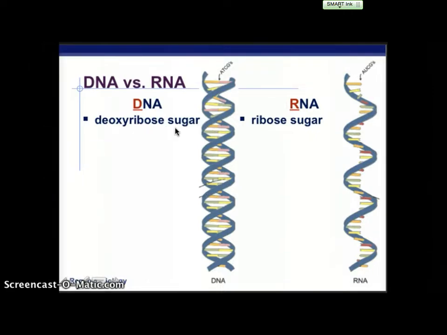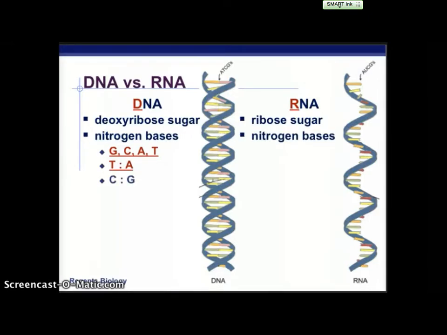DNA is going to have a deoxyribose sugar on this blue band with the phosphate, whereas RNA on its blue band here is going to have phosphate and a ribose sugar on its backbone. They're both going to contain nitrogenous bases. DNA, as you remember, guanine, cytosine, adenine, and thymine, with T pairing with A and C pairing with G. RNA also has these same nitrogenous bases on its nucleotides.